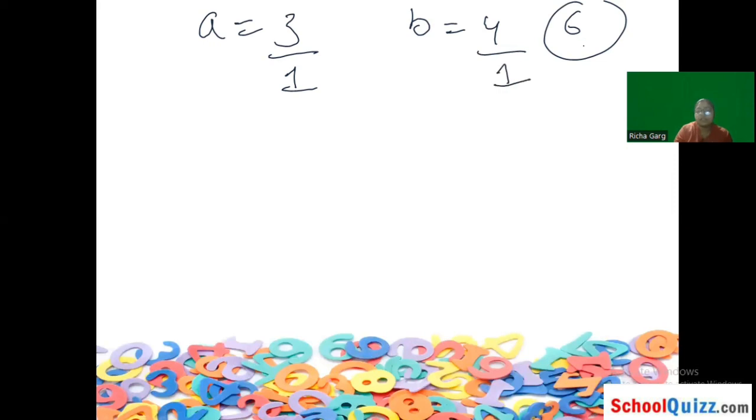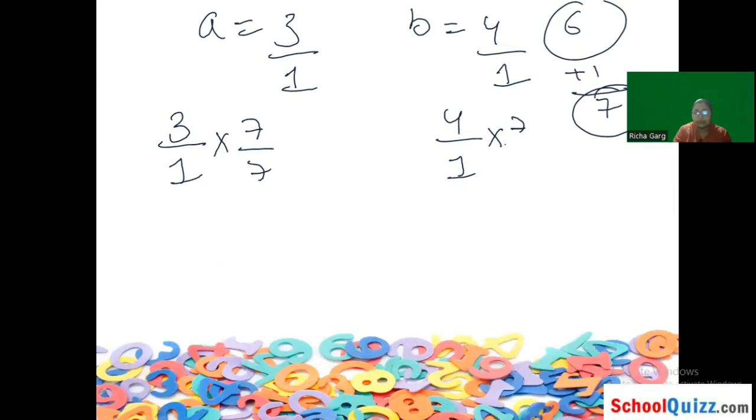I have to find 6 rational numbers. So just add 1 in this, it will be 7. Now multiply this 3 by 1 by 7, and here 4 by 1 by 7 again. So 21 upon 7, and this will be 28 upon 7. Now this is very easy. When the bases are same, I can find 6 rational numbers between 21 and 28.